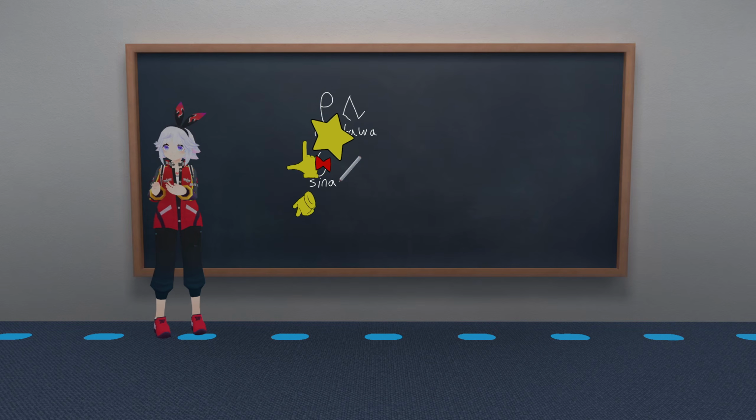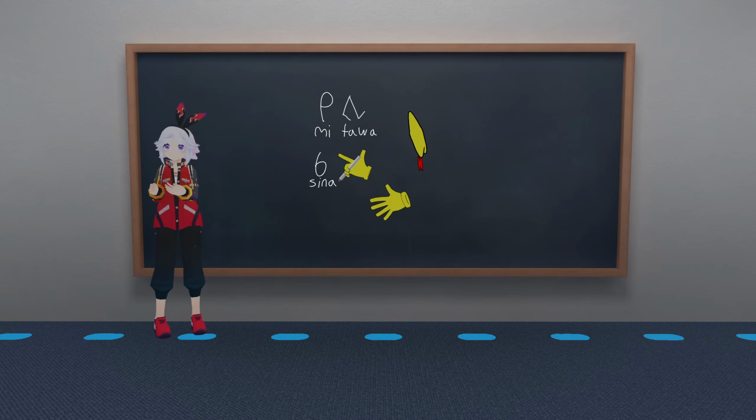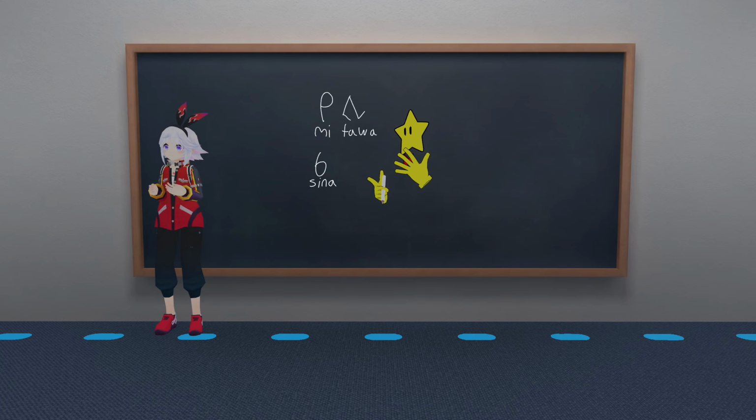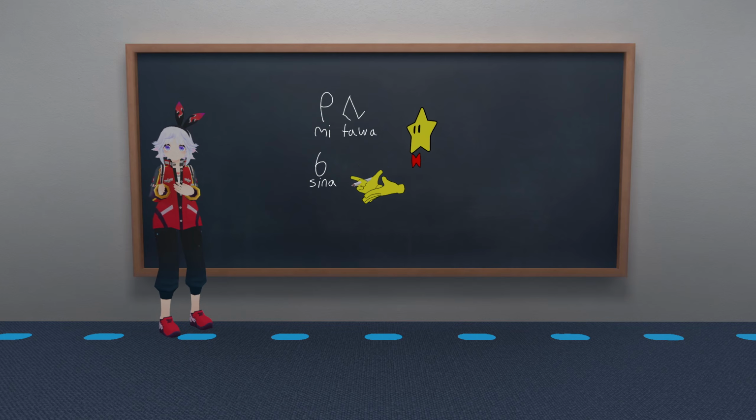You can see how that lines up. Do that there. And that's because sina refers to any second person. So you, your, yours. It can also be plural. So that can be y'all, you all.